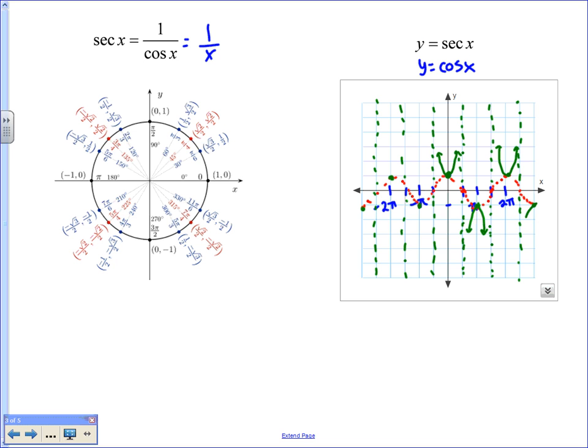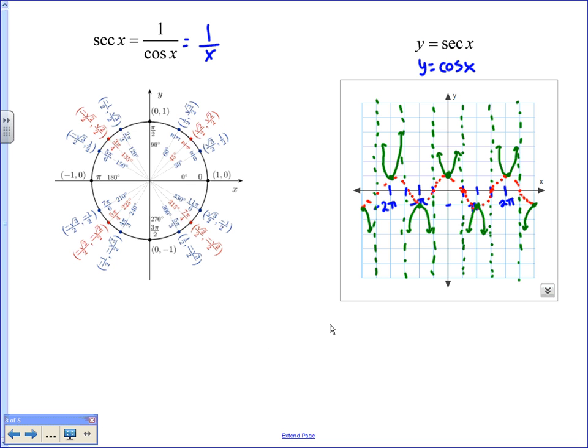We kind of do the opposite direction of what it is for our cosine graph because we're flipping it. But since where cosine is 0 is an asymptote, my graph keeps going and just keeps getting closer and closer to that asymptote as we get closer and closer to where that value for cosine is 0.